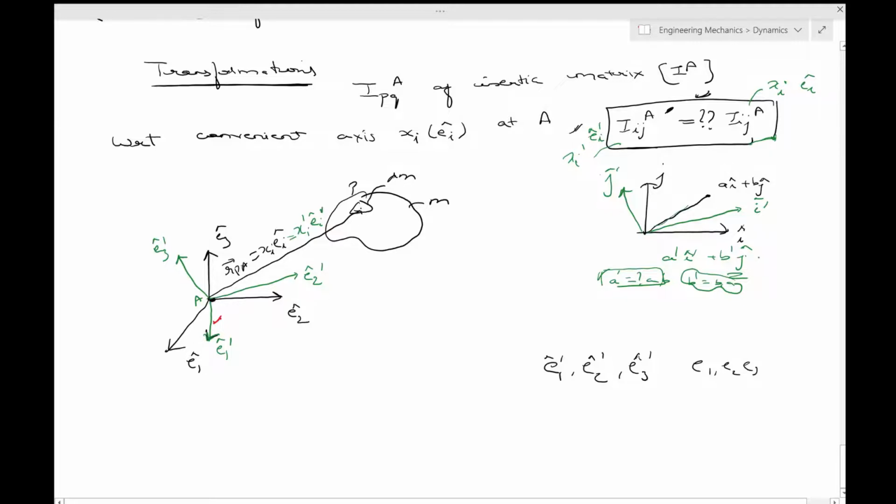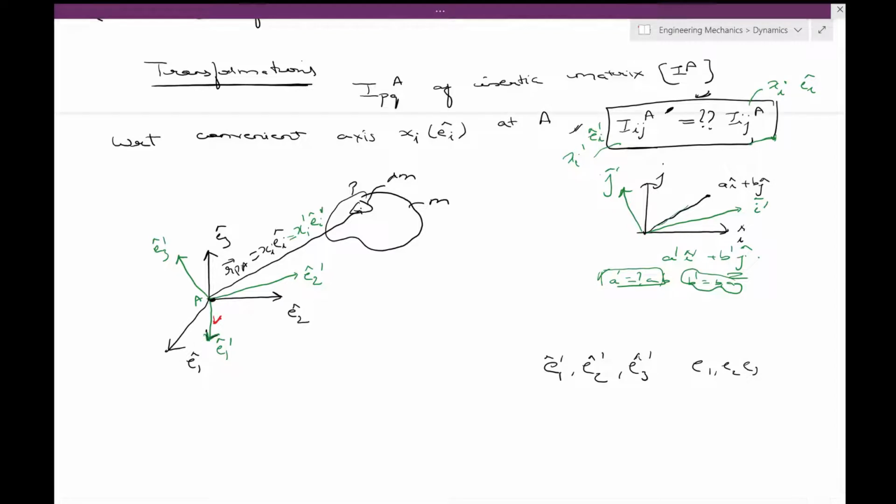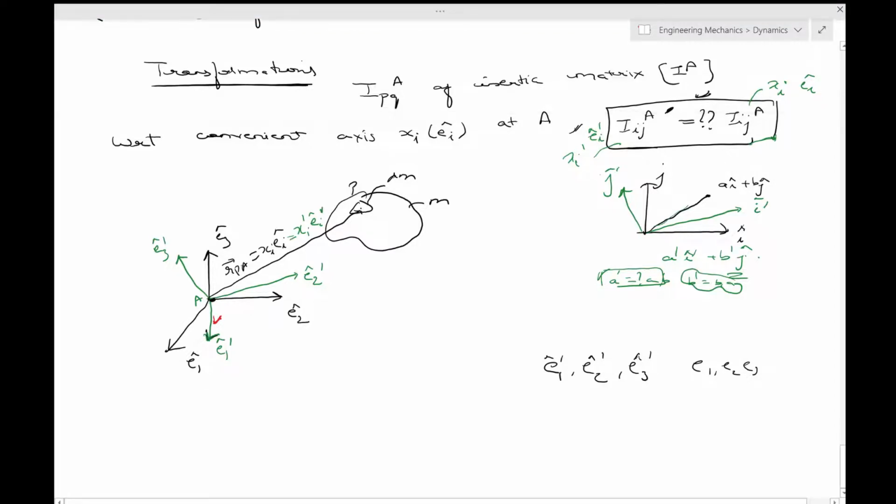Just like we could write this vector RPA in terms of the black coordinate system, we can also write this marked red vector in terms of the black coordinate system. So I want to write it as e1 dash is equal to, say, A11 e1 plus A12 e2 and A13 e3. No harm in this.